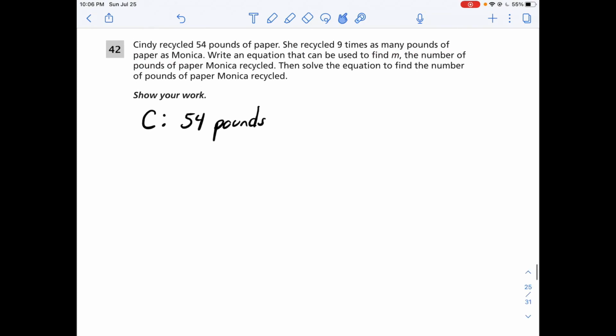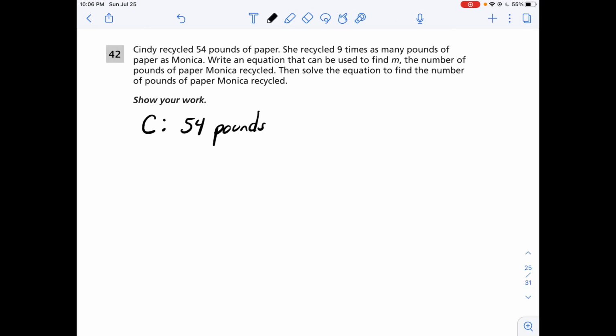So to figure out Monica, what we have to do is 54 divided by 9. That will get us what Monica recycled. Okay? So if we want to do that, 54 divided by 9 is going to be 6. Why? Because 9 times 6 equals 54.